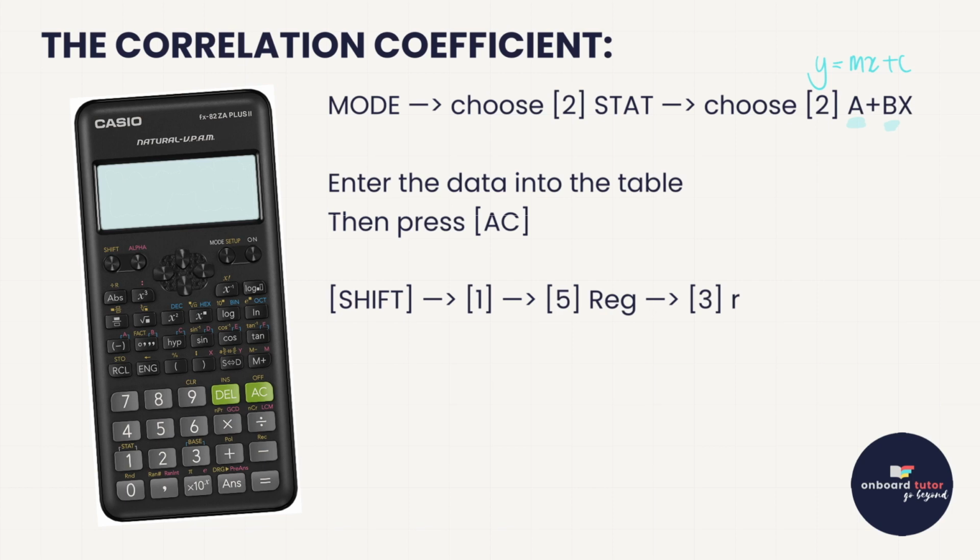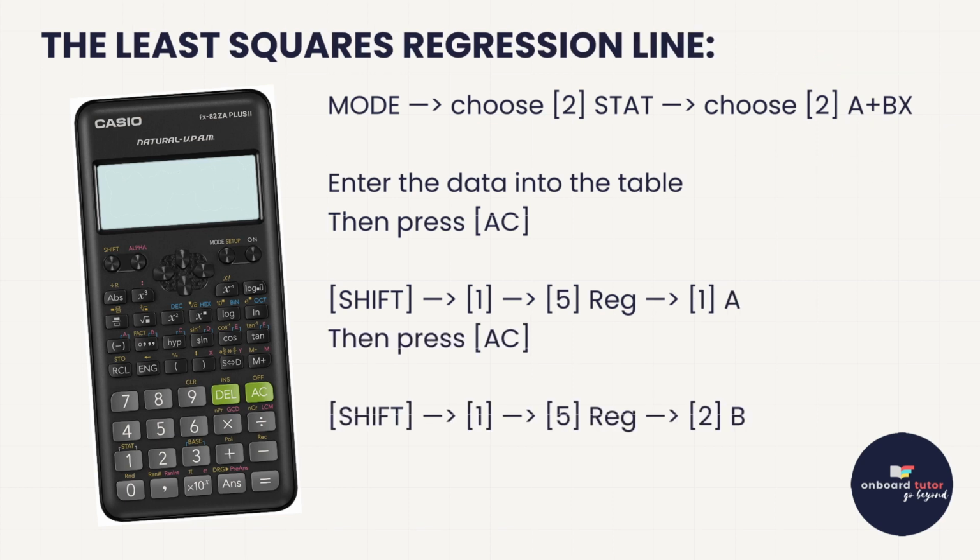But before we move on to that, let's check that we also know how to work out the line of least squares regression on our calculators. The process starts off very much in the same vein. So we again need to get our calculator into stats mode. So we go mode, then we choose option 2 for statistics, and then again we choose 2 because we are looking for this line, this equation of the line.